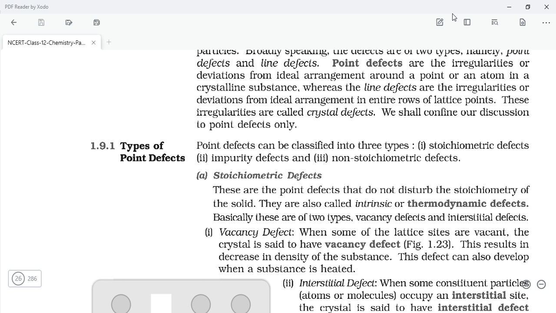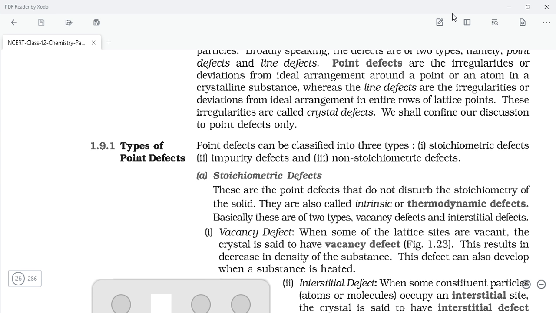So the stoichiometry you might remember from the mole concept, that we used to call the number placed before the compound while we were balancing chemical reactions. These defects do not disturb the stoichiometry of the solid. What do we mean by the stoichiometry of the solid?